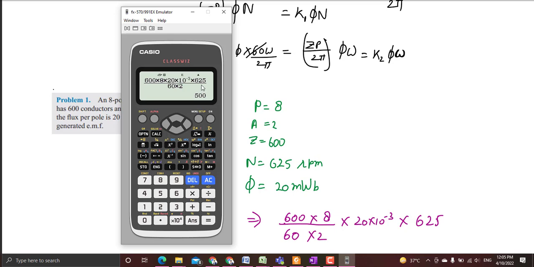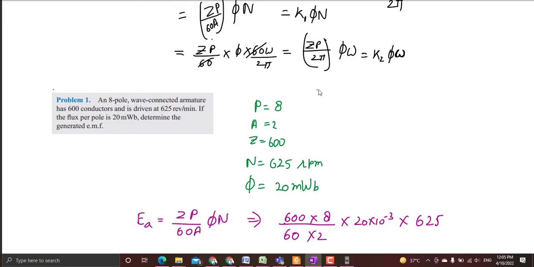So this is equal to 500 volt. We are getting 500 volt. This is the answer.